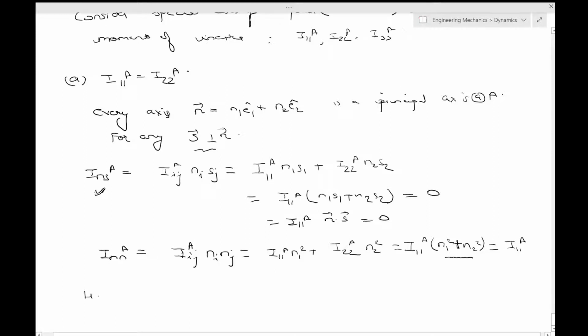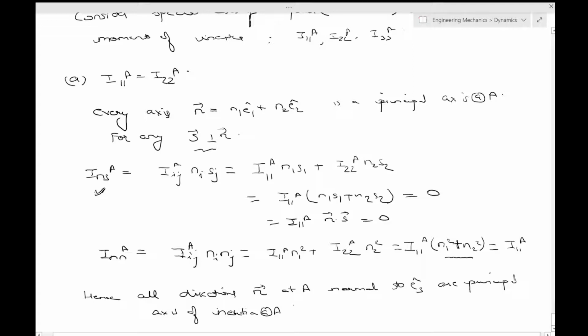Hence all directions n at A normal to e3 are principal axes of inertia at A with the same moment.